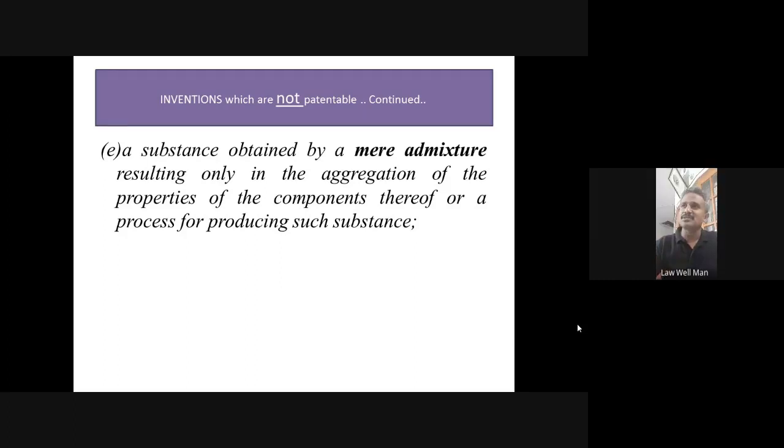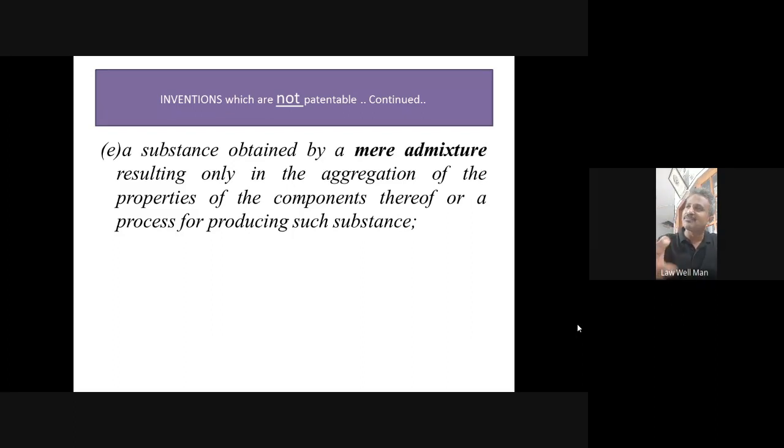But here what happens, if you are speaking about the first part, which I tried to explain through the cancer drug, is that there is a derived product, a derived substance. This substance is only a new form of an already existing substance, and this derived form does not have an additional benefit.